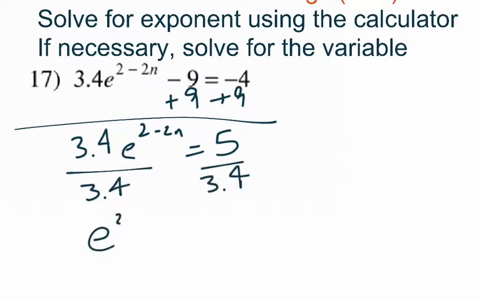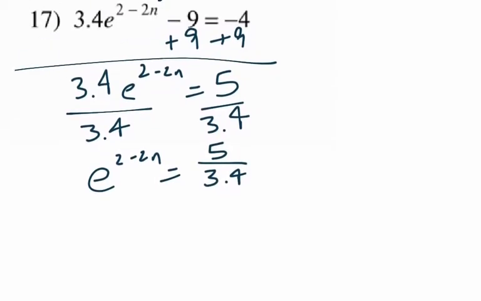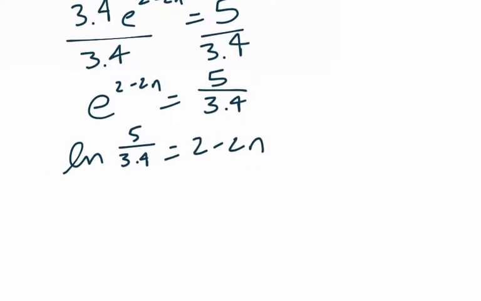Now, instead of typing this into my calculator, I'm going to leave it as 5 over 3.4. It might make your life a little bit easier. So then I'm going to write ln of 5 over 3.4 is equal to 2 minus 2n. And this next step is really kind of annoying, but since we're trying to solve for n, I'm going to subtract 2 from both sides.